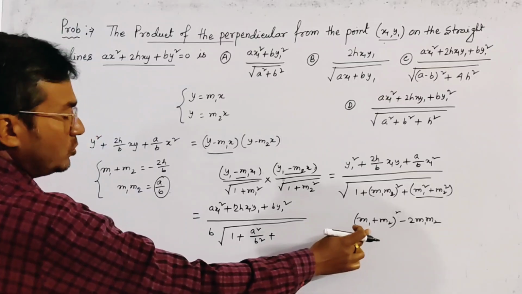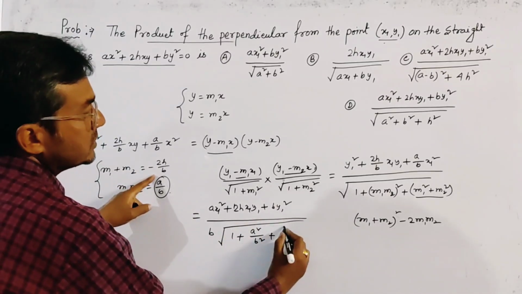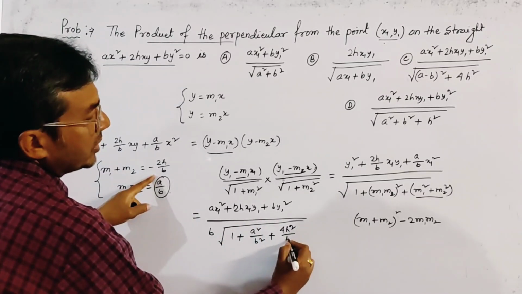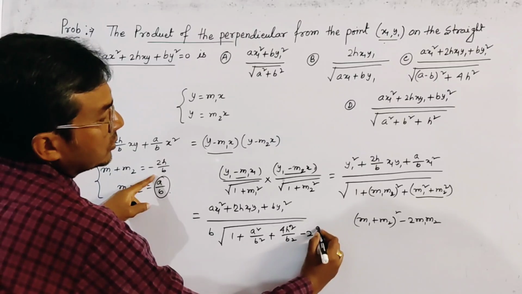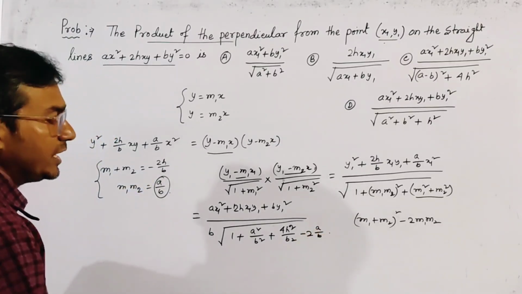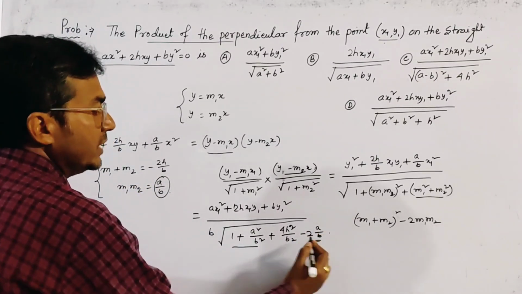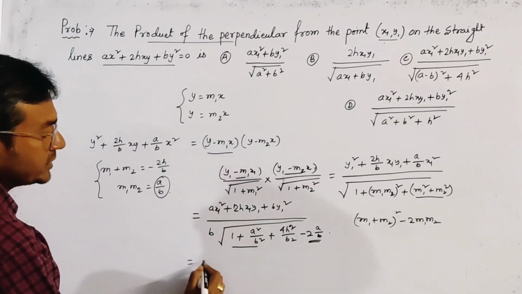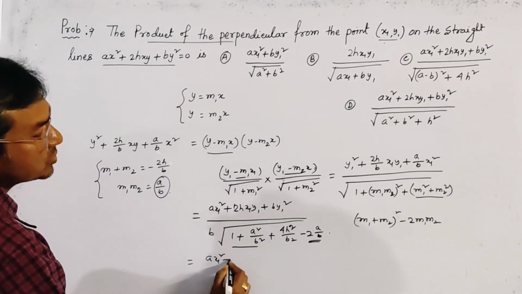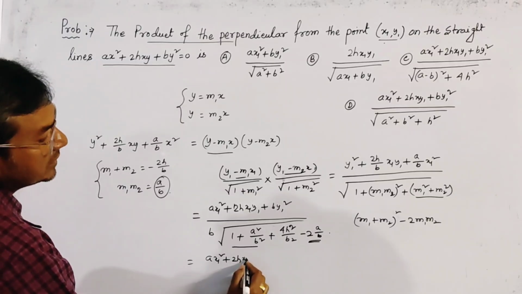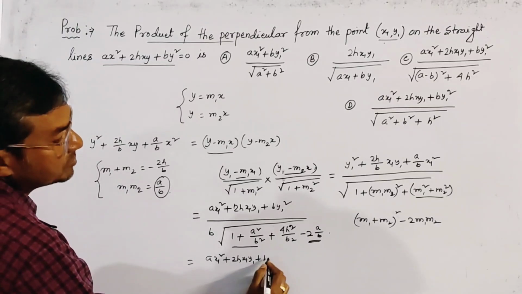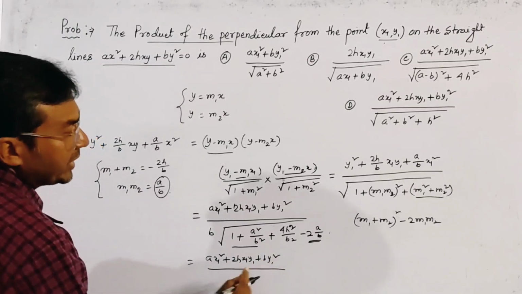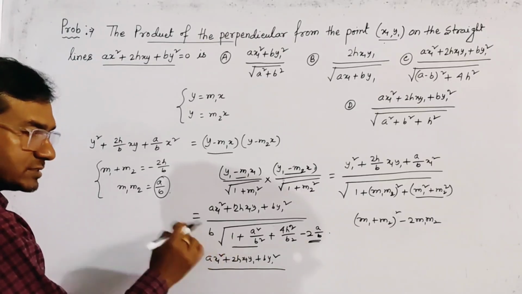We put the values directly from here: 4h²/b² − 2a/b. Clearly, taking b² common from the root, we get (ax1² + 2hx1y1 + by1²)/b, and b and b cancel out.